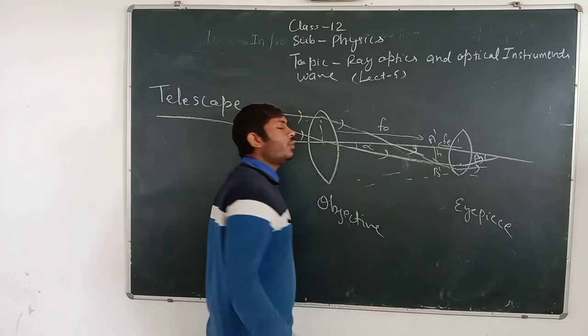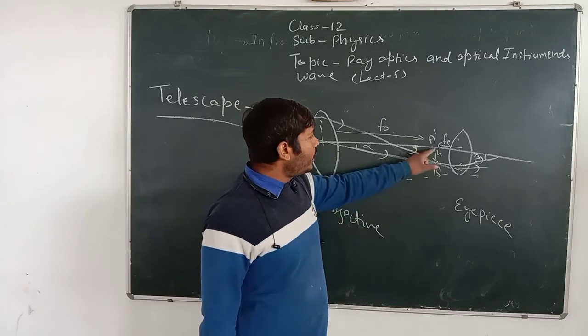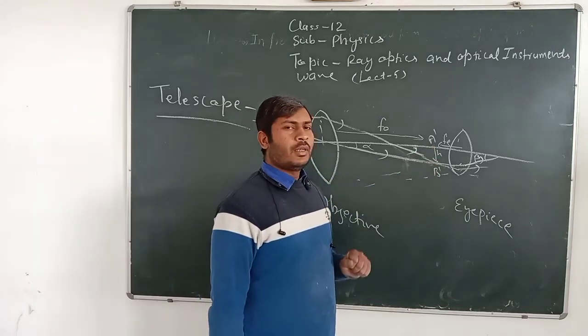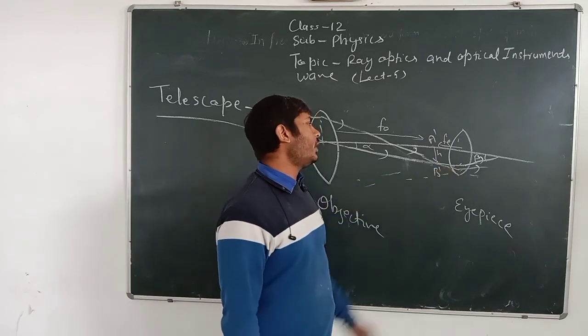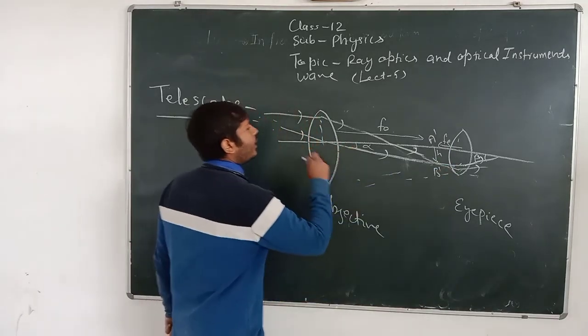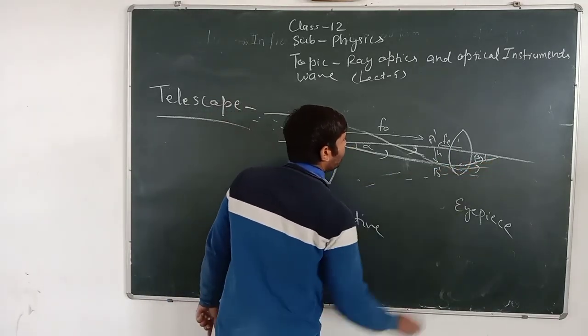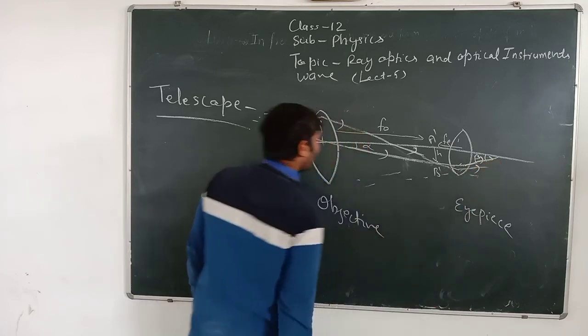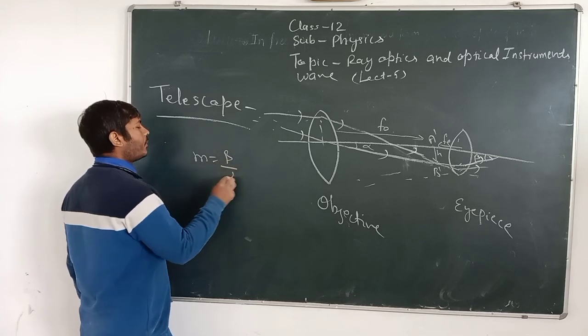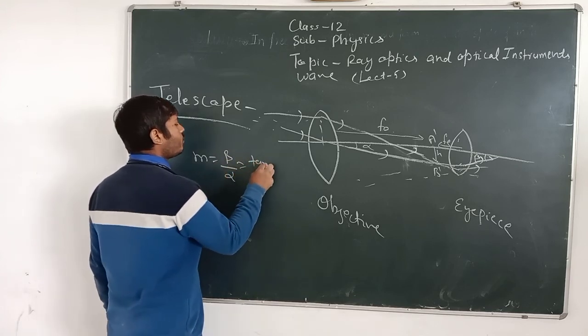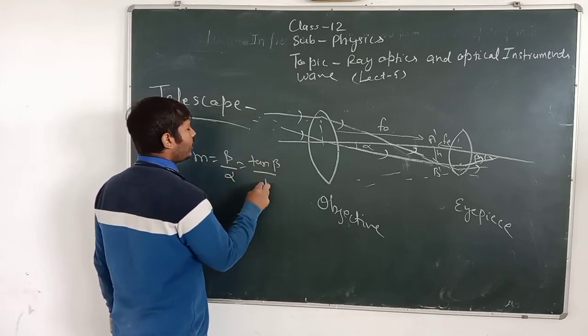So the image forms at point A dash B dash, which acts as an object for this eyepiece, and finally we obtain the image. This is the angle alpha and this is the angle beta. So magnification M will be equal to beta upon alpha, and this will be equal to tan beta upon tan alpha.